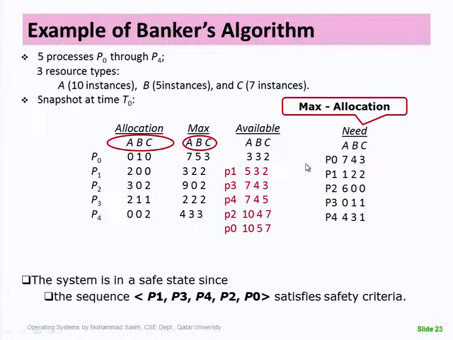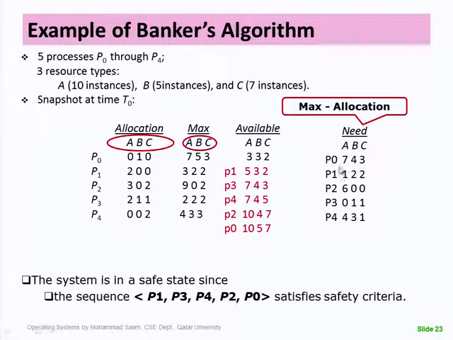If we are to execute P0, it means we're supposed to allocate to P0 all the resources that it needs to finish. To do so, we will look at the needed resources of the process. In this case, P0 needs 7, 4, 3, this vector of resources. And the available ones in the system are only 3, 3, 2, which is not enough for P0 to be executed.